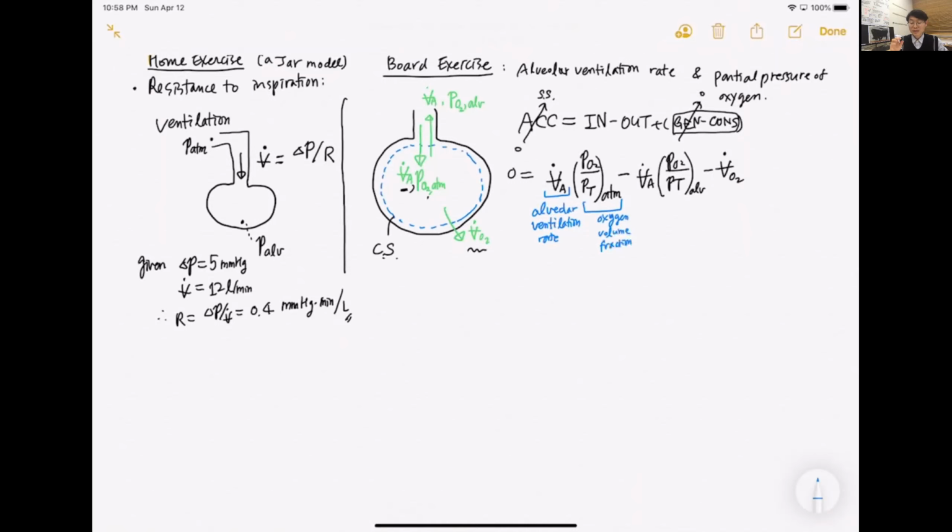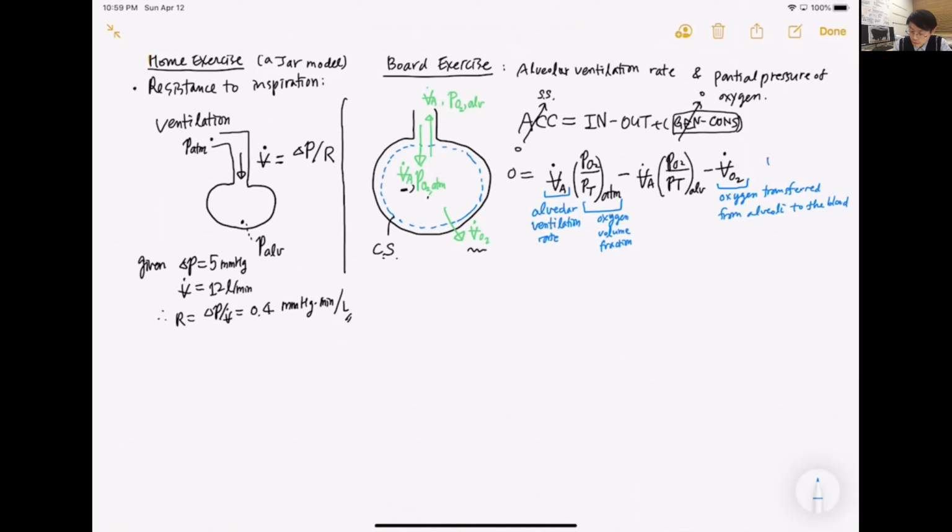So that means the total volume of oxygen per unit time when we consider these two components. And this last term is about oxygen transfer from the alveoli to the blood. So does it make sense?